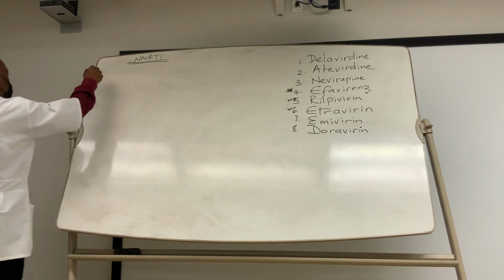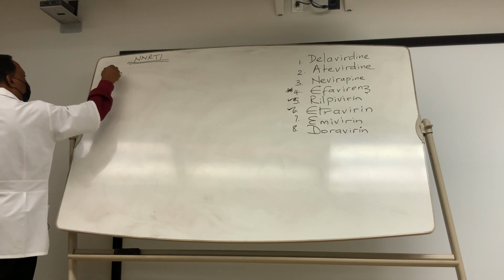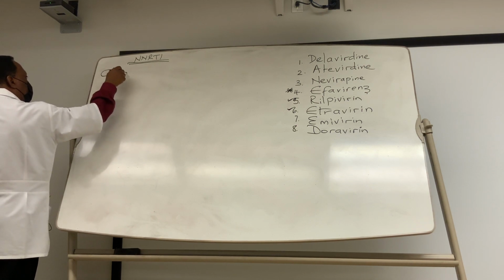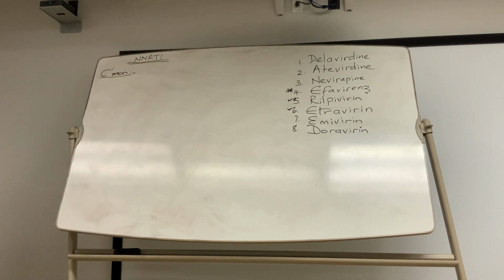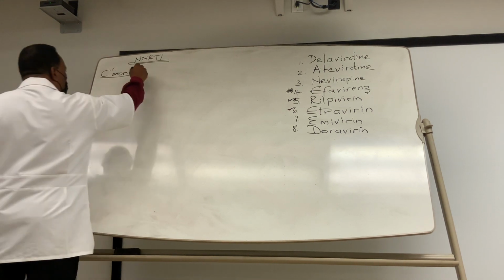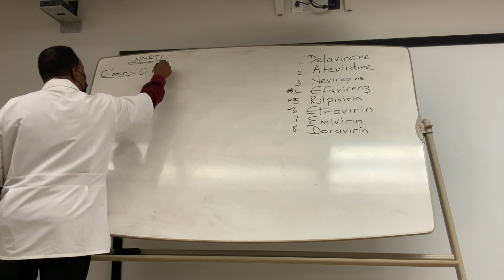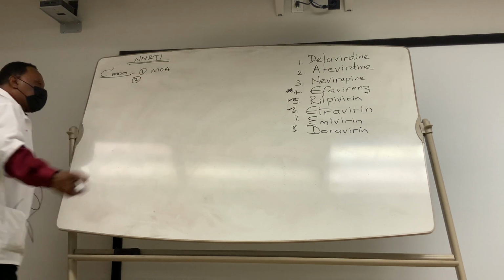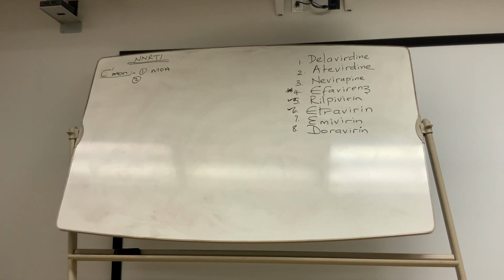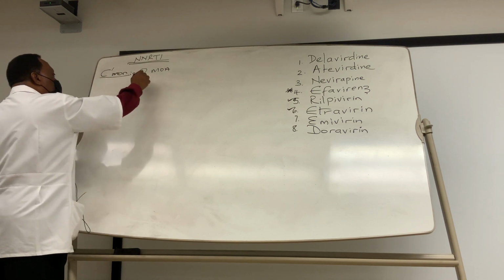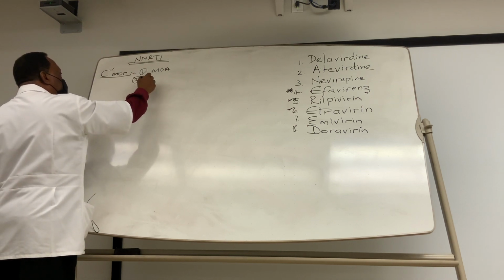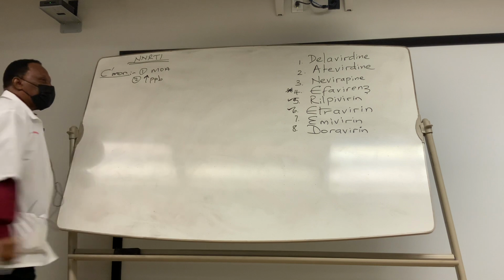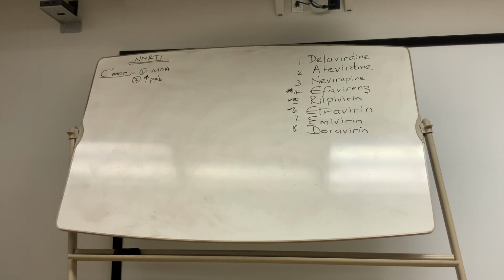So if we look at what is common to the NNRTIs, number one will be their mechanism of action. They basically all competitively inhibit your reverse transcriptase. Okay. Then they all seem to have a very high plasma protein binding rate, usually in the 90s, upper 90s.